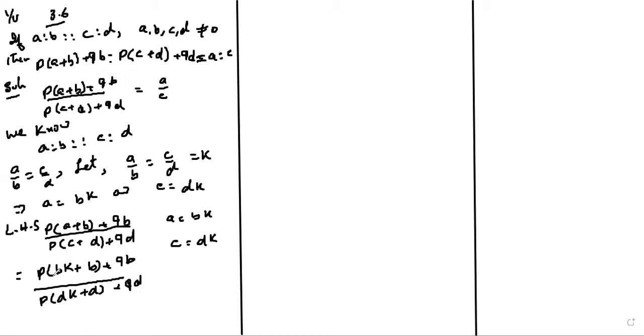Right, so taking B common, we have on the numerator B times (PK plus P plus Q), divided by taking D common, we have D times (PK plus P plus Q).